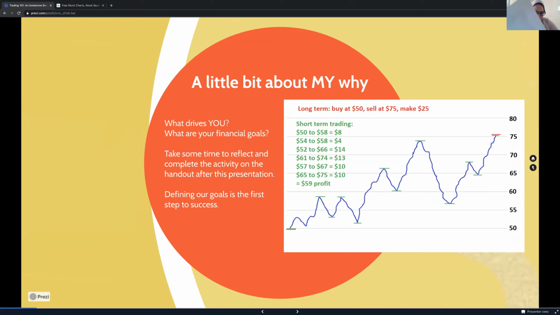All right, guys. There should be a little paragraph or write up in the handout. But before we start our journey, I'm a journaler, okay? And the journaler in me is going to ask you to define your why.